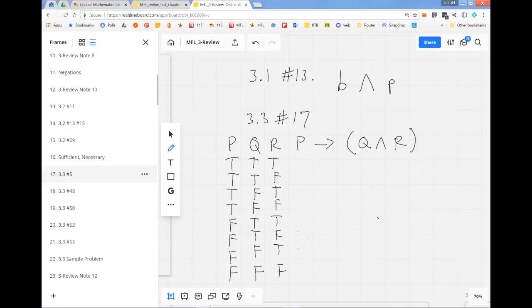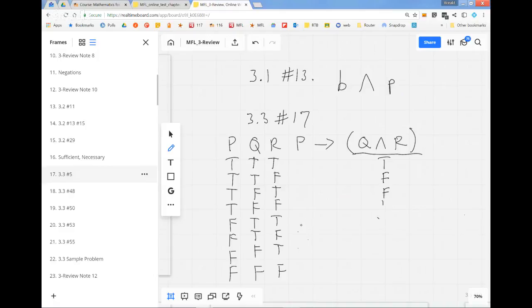Okay, so the first thing we got to do because of the parentheses is we have to do the Q and R. So now you got to think of the rule for and. The rule for and is what? Only true when they're both true. So true, true, that's true. True, false, they're not both true. False, true, they're not both true.